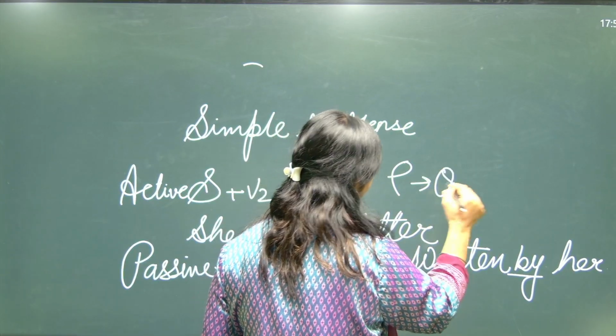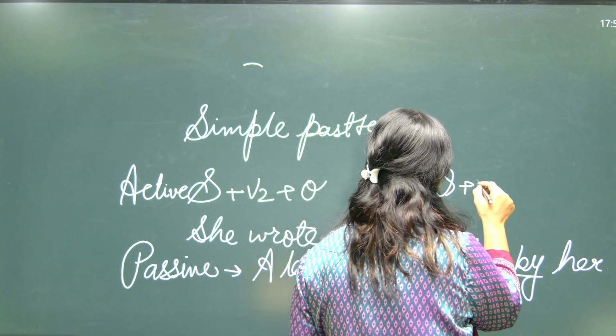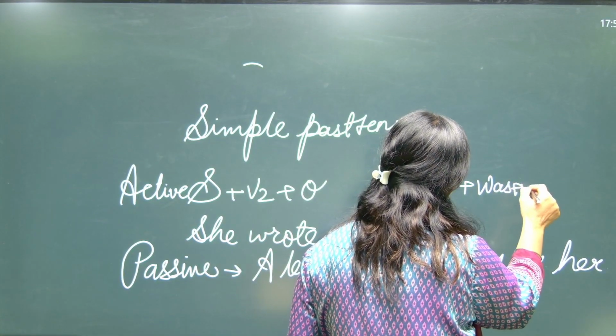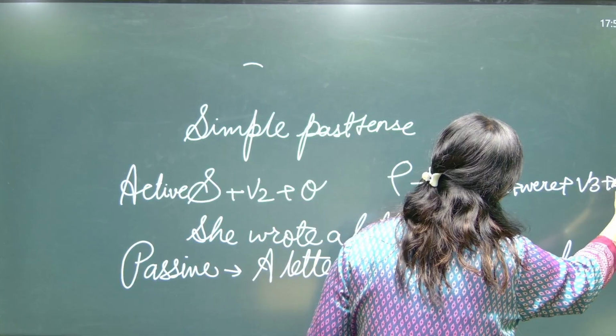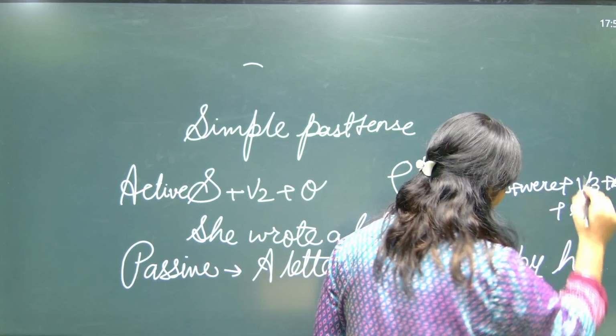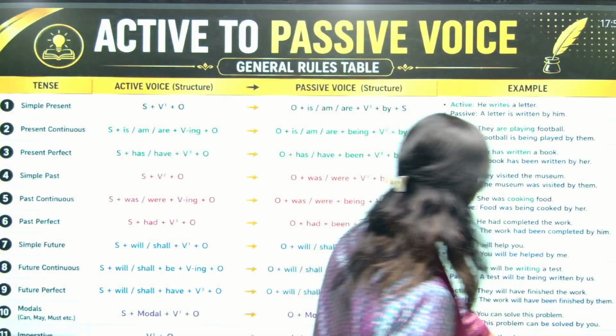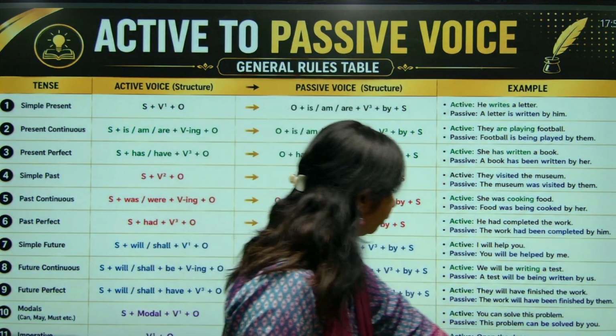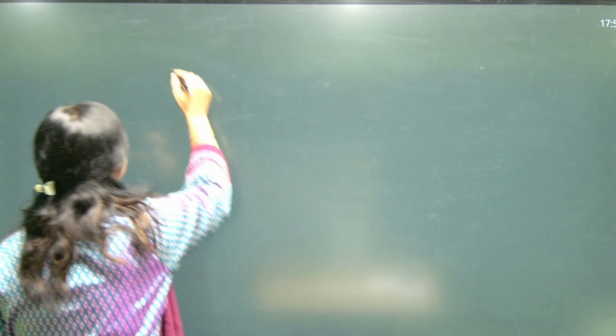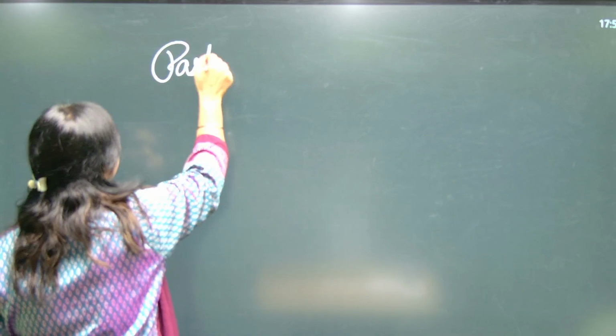The structure of passive voice is object plus was, were plus verb's third form plus by plus subject. This is our past simple tense. Now we will go to the next tense, that is past continuous tense.